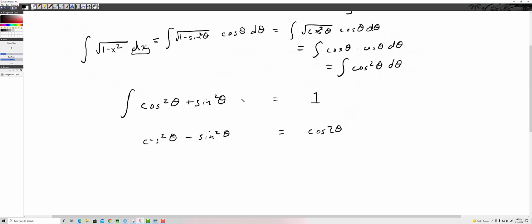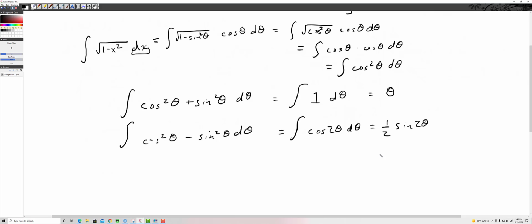Now, if you integrate both of these, then we have theta up here, and we have 1/2 sine 2 theta down here. Okay?